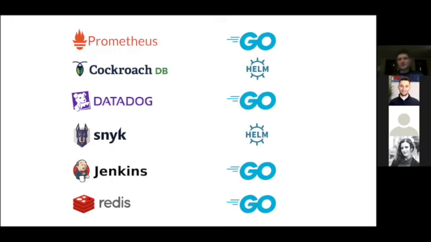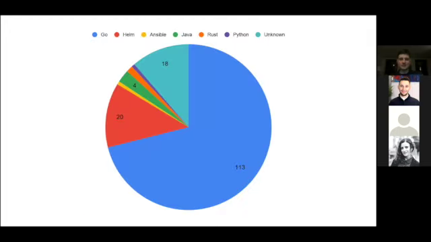I did one more exercise and checked all the operators that exist in OperatorHub to see what it looks like. And that is the outcome. You see most of the operators are written in Go. There is a big fraction written in Helm.